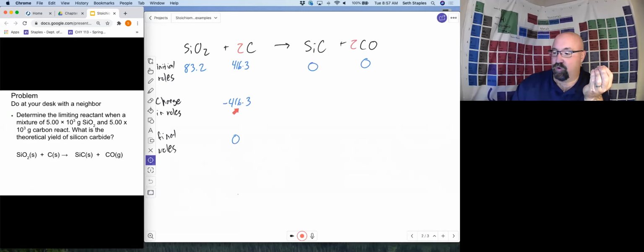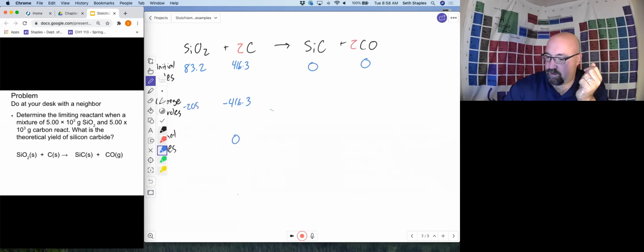And so if we're going to lose that 416.3 carbon, then that would mean that we would have to have lost 208.15. I shouldn't have needed to use a calculator for that, but I did. Again, it's still early in the morning. So I would have had to have lost 208.15 moles of silicon dioxide in order to have lost 416.3 moles of carbon.